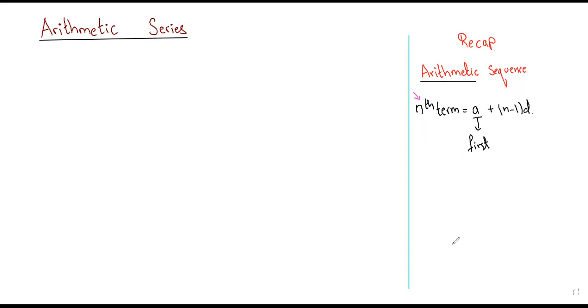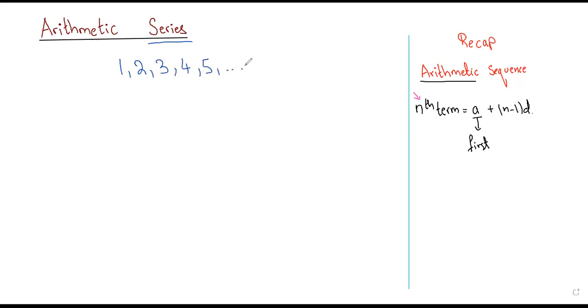Okay, today we will talk about arithmetic series. First thing is, what is the difference between series and sequence? So I'll write it down and you would understand that. Let's say I have a sequence 1, 2, 3, 4, 5, and so on.